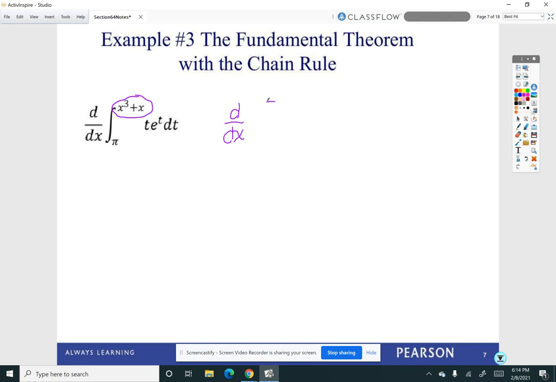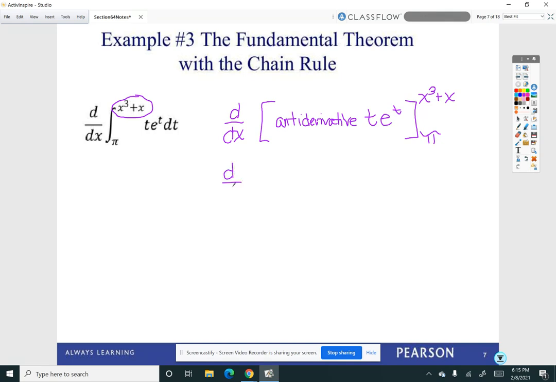So I'm going to not do the derivative here, and I'm just going to work on the integral. To do the integral, I would find the antiderivative of t e to the t. Now, I'm not going to actually do that. I'm just going to write antiderivative because it's actually not an easy one to come up with. So we'll just say I found the antiderivative of t e to the t, and then I evaluated that from x cubed plus x to pi.